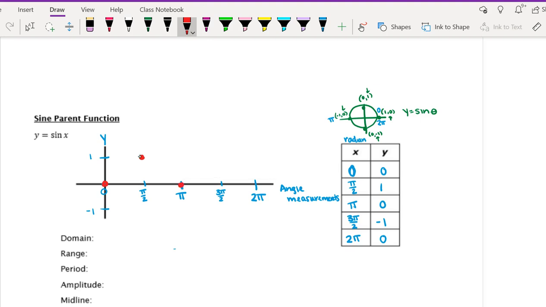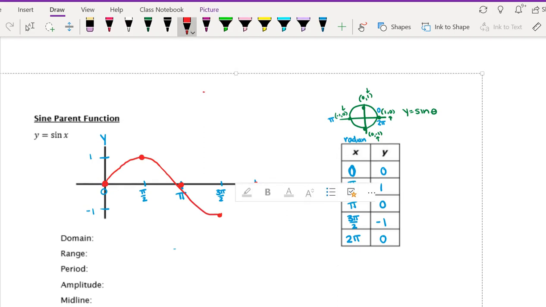At 3 pi over 2, I'm at negative 1. And at 2 pi, I'm back to 0. Because this is a circle, there are also other angles in between. And so I'm going to connect this curve, and it has to be curved. Think circular.